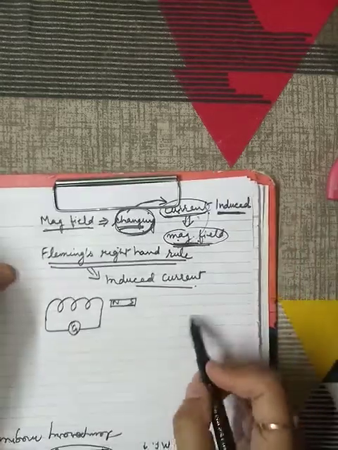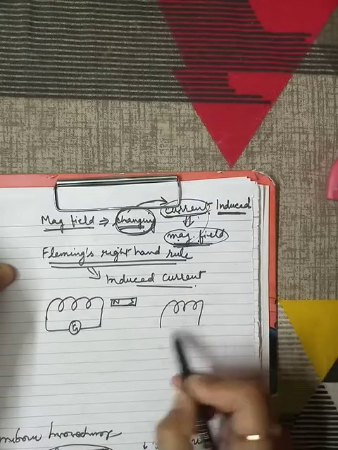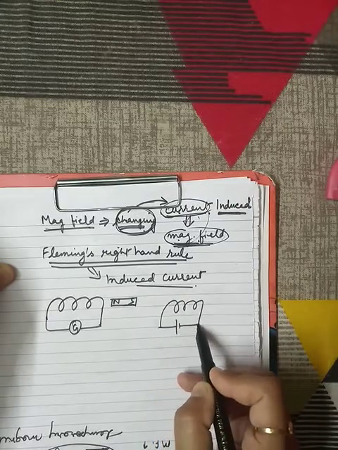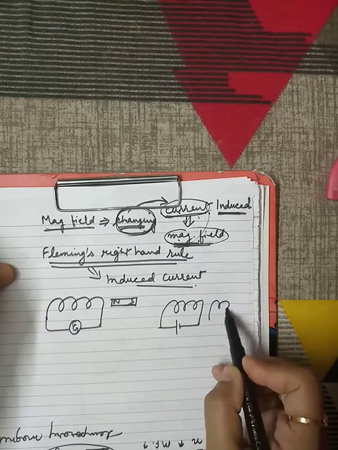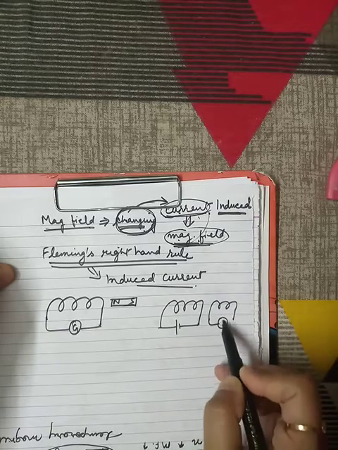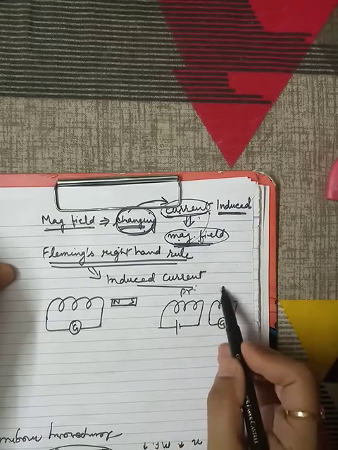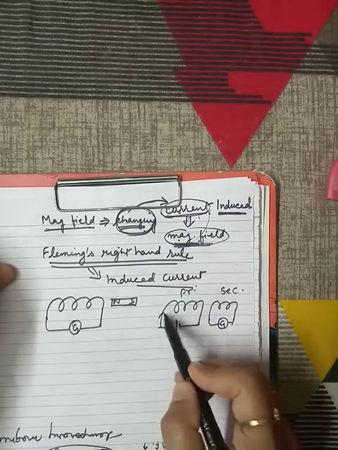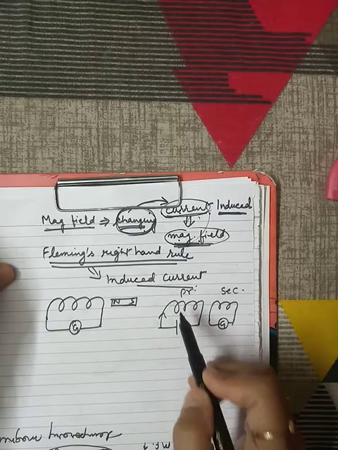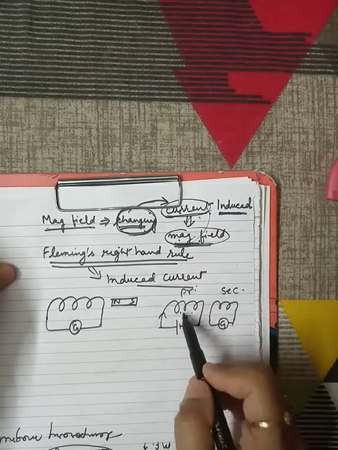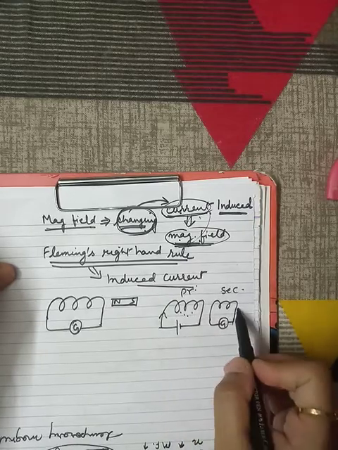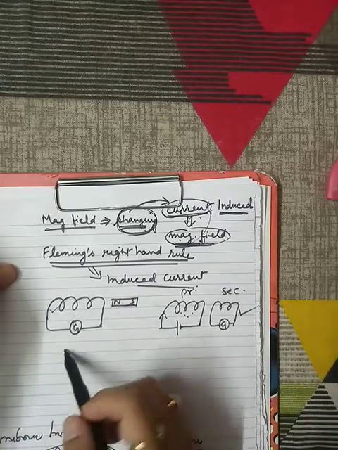Another concept was a coil, a battery, and another coil and a galvanometer. Okay, this is the primary coil and this is the secondary coil. The current flowing in this coil, a changing current, will give you a changing magnetic field, and then the changing magnetic field will give you induced current in this case.